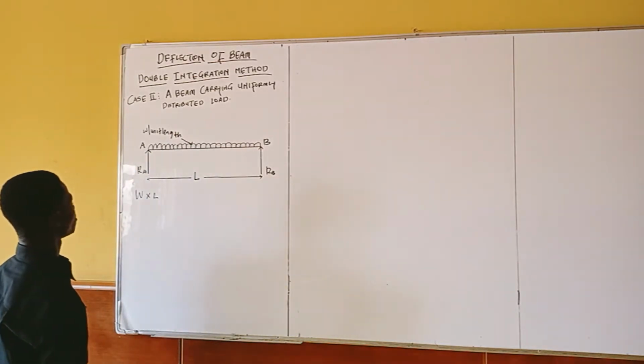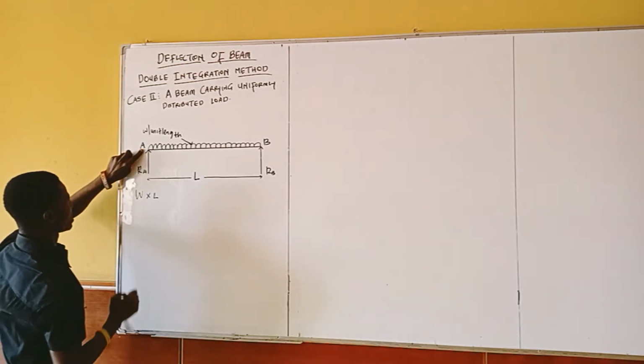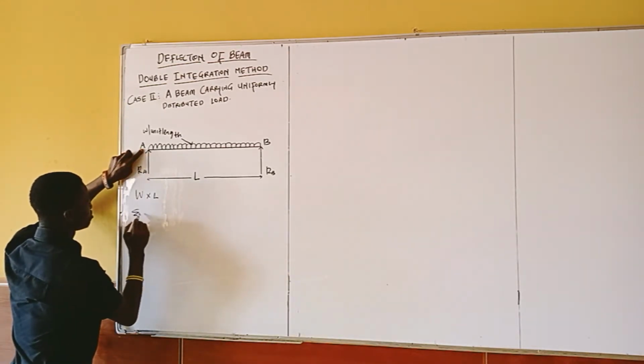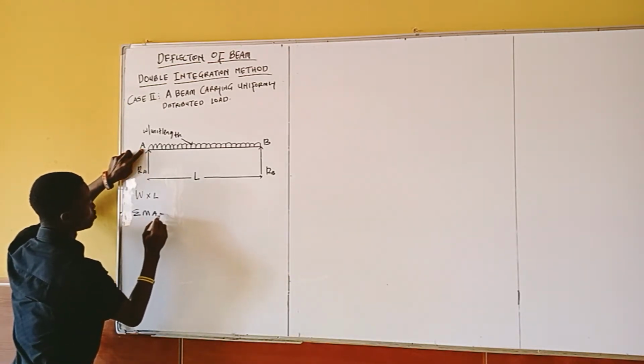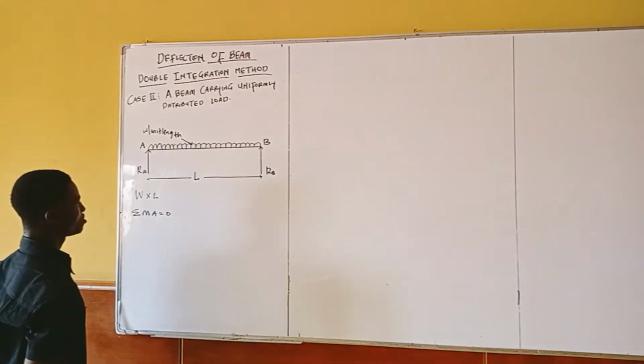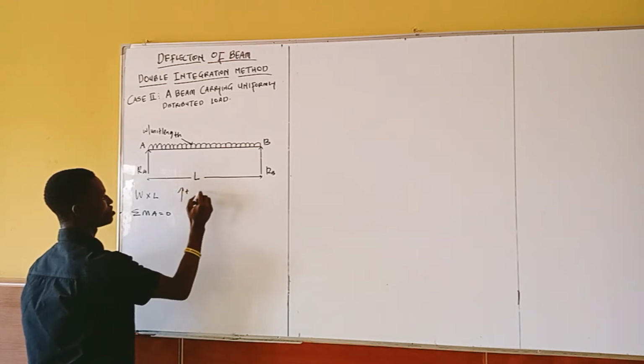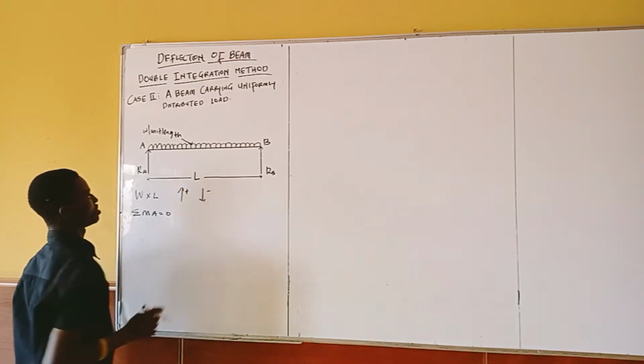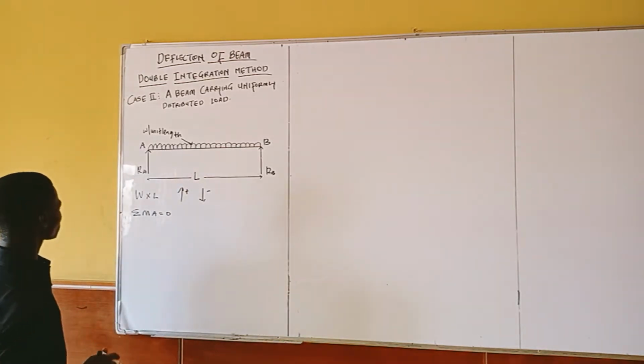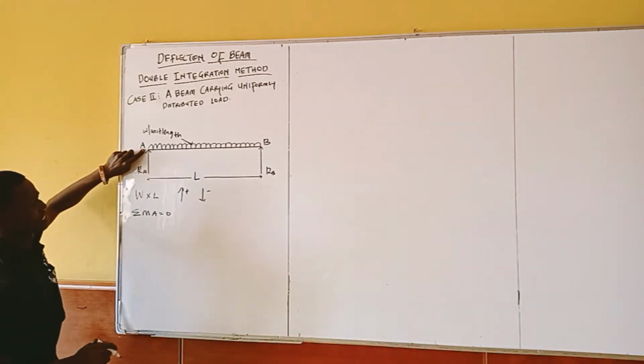So for us to get our RA, if I want to calculate my moment at A, the summation of moments at A will be equal to 0. I'm considering my coordinate convention such that upward force carries positive and downward force carries negative.